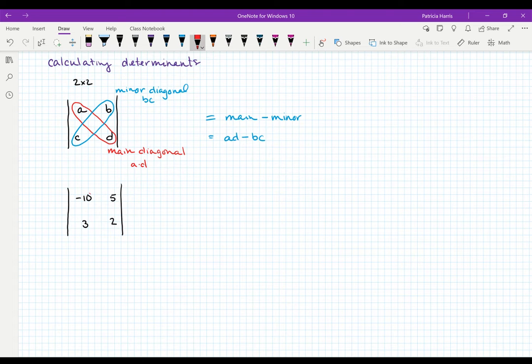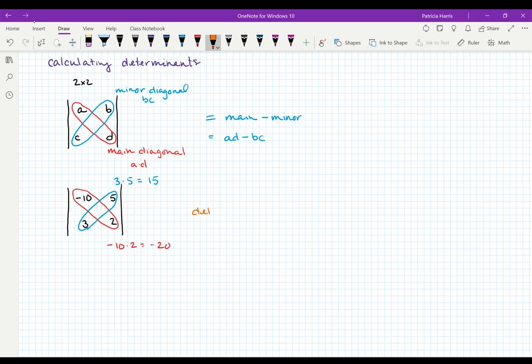So we're going to go main diagonal. So negative 10 times a 2, negative 20. Minor diagonal. You get 3 times 5, which is 15.